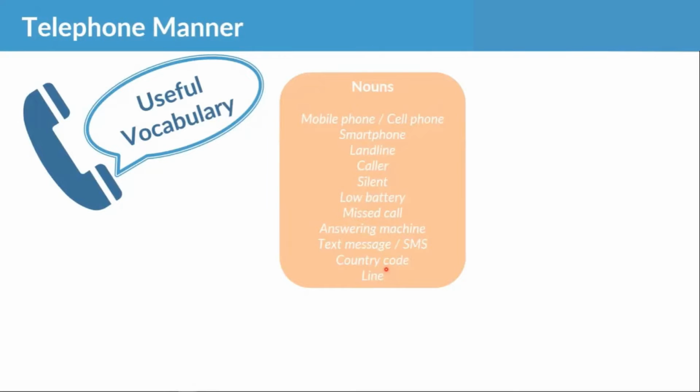So America is +1. Ireland is +353. That would be called your country code. McGarry says it's 002 for Egypt. Okay. And then the line is if you have somebody on the phone, you have somebody on the line. You might have 2 or 3 different lines.